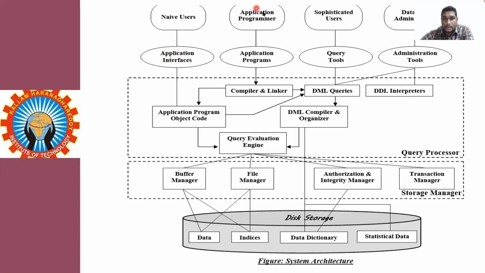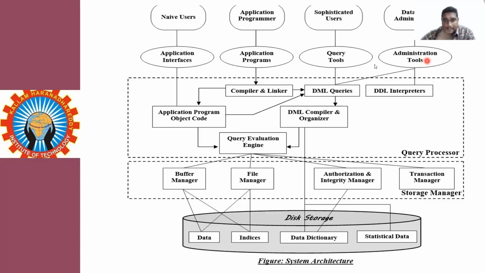An application programmer operates by means of application programs. A sophisticated user operates by means of query tools. And the database administrator is a person who has all the capabilities to run these tools, called administration tools. I hope you understand. These 4 persons are different users who interact with our system by means of different tools.